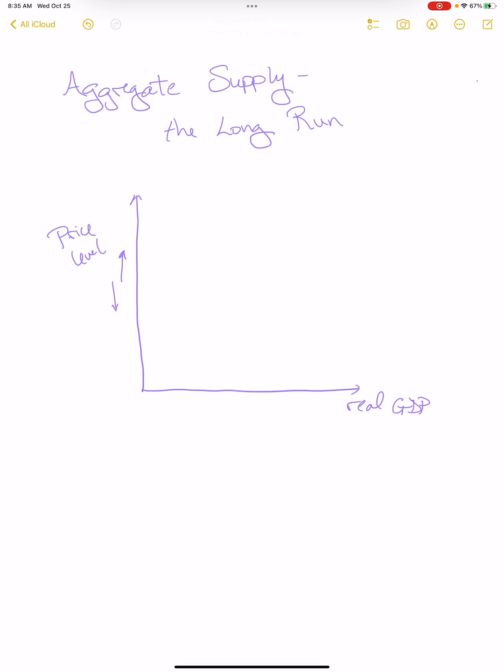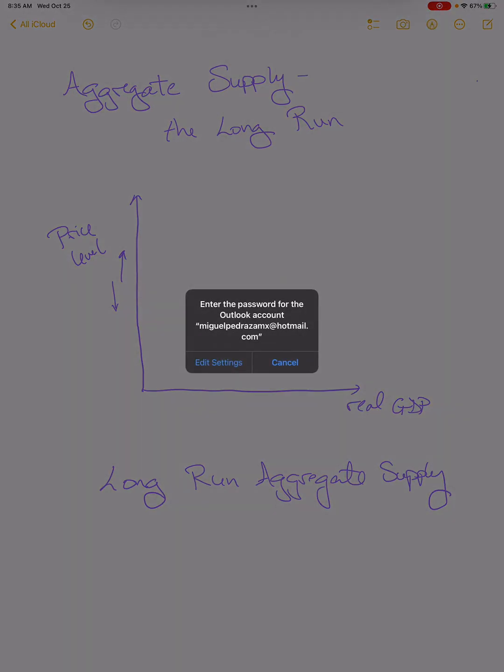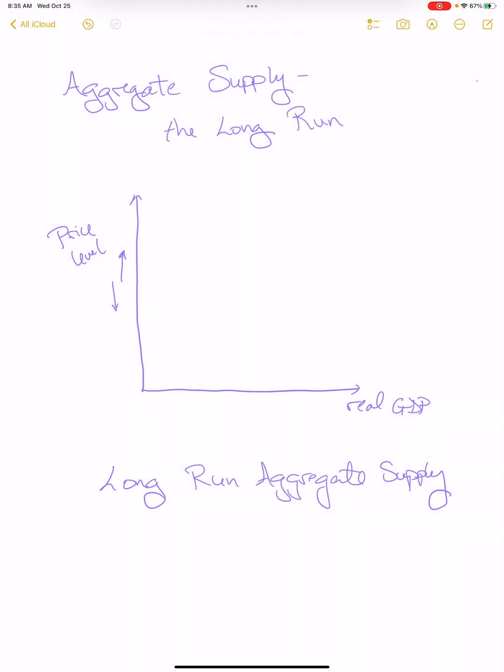So the first curve that we're going to talk about is the long run aggregate supply. The long run aggregate supply is essentially measuring our potential GDP.